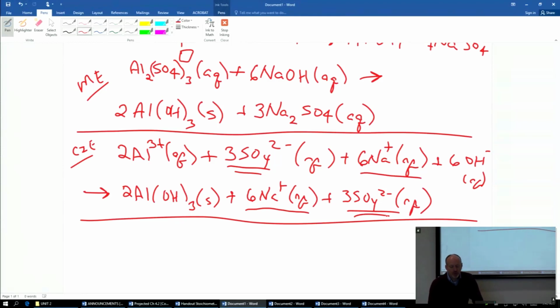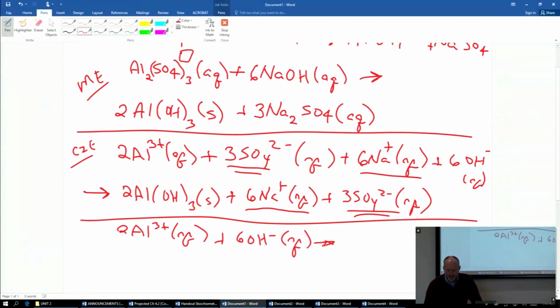And so now I'm going to rewrite the complete ionic equation with the spectator ions removed. And so that gives me 2Al3 plus aqueous plus 6OH minus aqueous gives me 2Al(OH)3 solid.